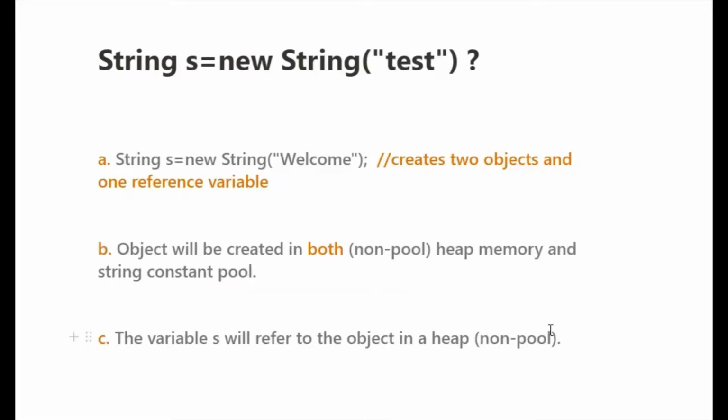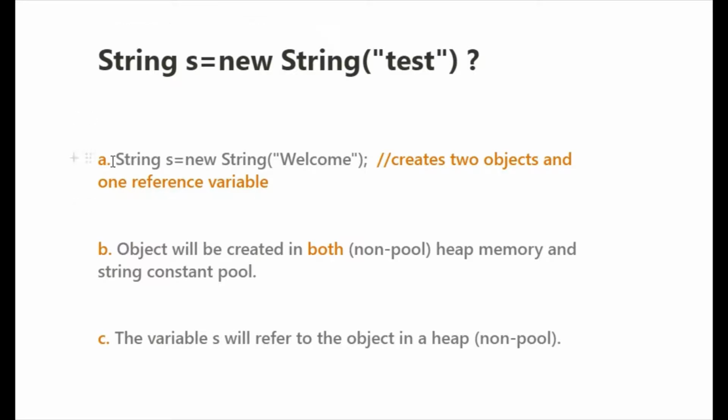Now the second way of creating a string is using the new keyword, but in Java we rarely use the new keyword to create a string. Whenever you are creating a string using the new keyword, the first thing you have to remember is that it is going to create two objects, one in non-pool and another in the string constant pool.